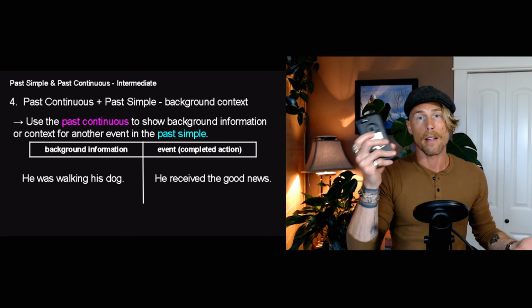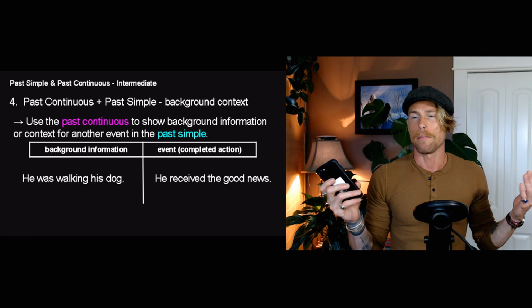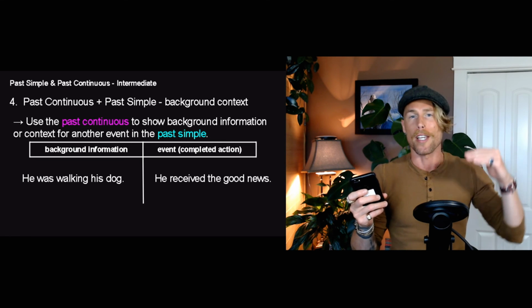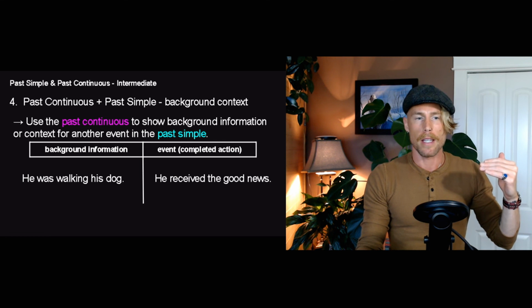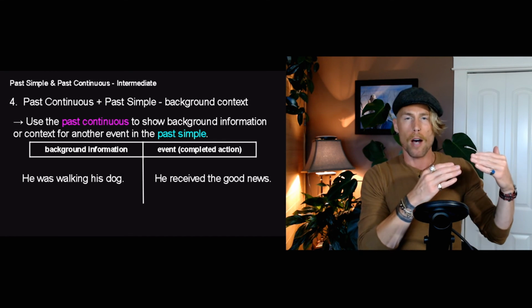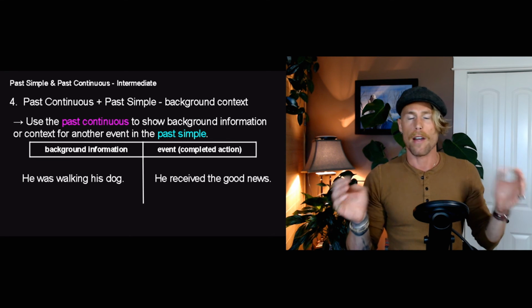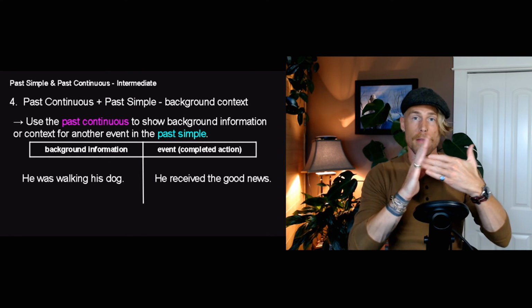Maybe he got a phone call and he got a raise at his job, or he got promoted at his job. So, is walking his dog connected to his job? No, they are not related, but they go together because they happened at the same time.